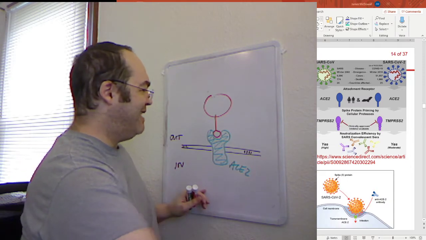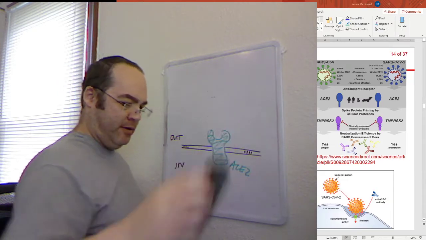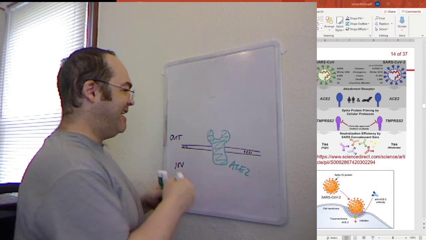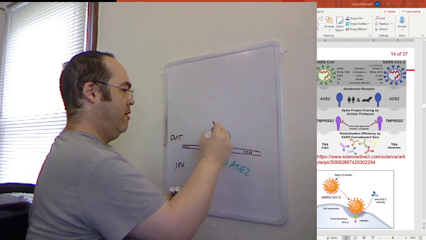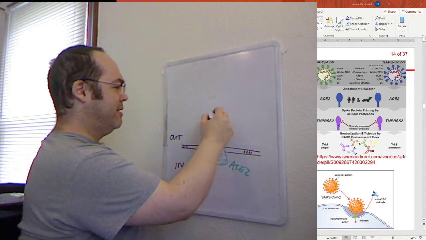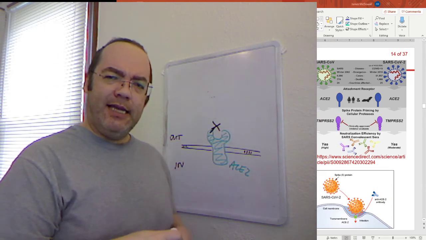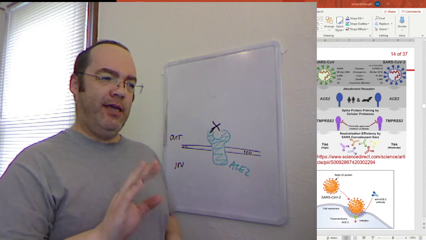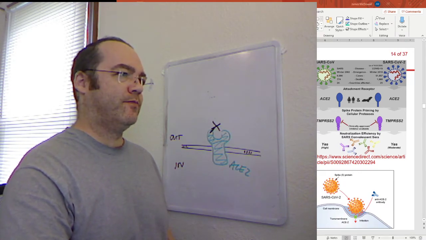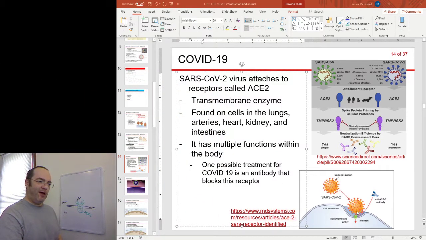If we can build an antibody that sticks to ACE2, and we can attach that antibody onto the ACE2 protein, that then blocks access of the viral spike. And if the virus can't attach, it can't infect. So antibodies used to block the receptor are one way that we can try and fight viruses.